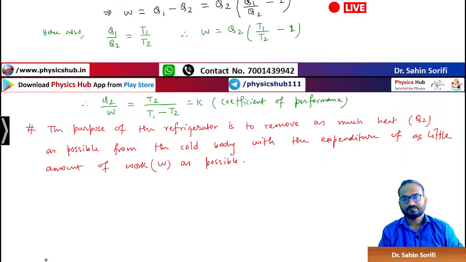Okay, so this thing is represented by the coefficient of performance.